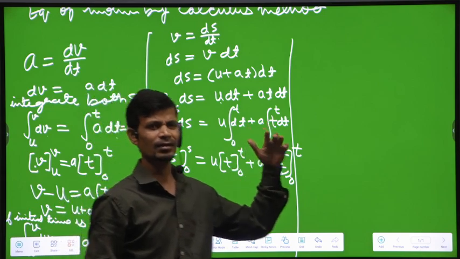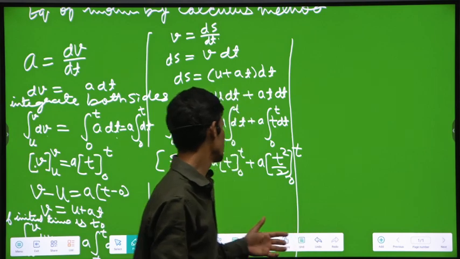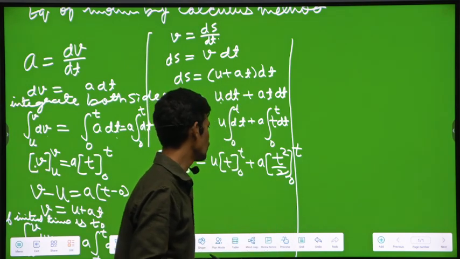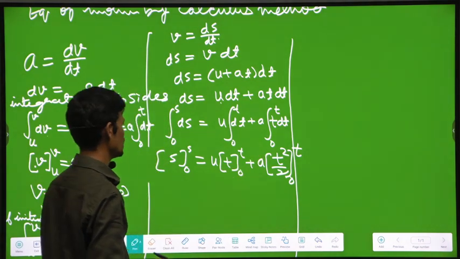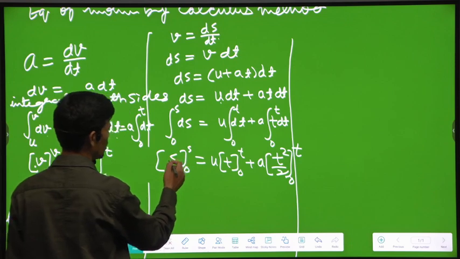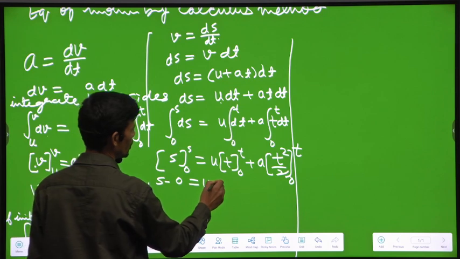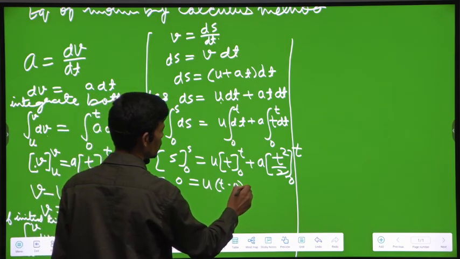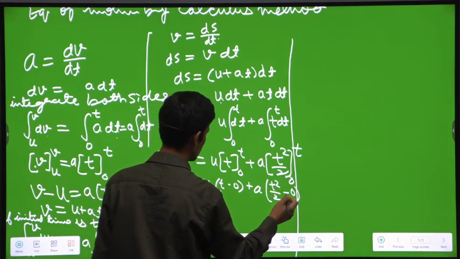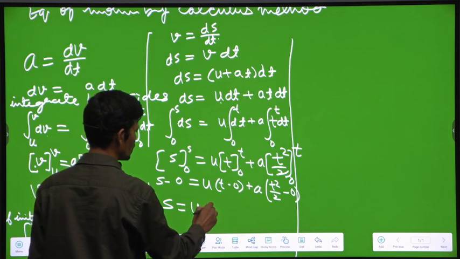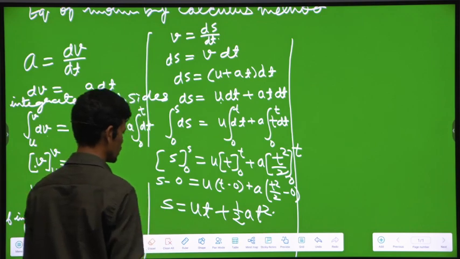Again and again we recall that formula; it's better to practice so well that whenever you see such a type of problem, you can directly write its answer. So here the limit of integration will be put: s minus 0 is equal to ut minus 0 plus a t square by 2 minus 0. So that will be s equal to ut plus half at square.